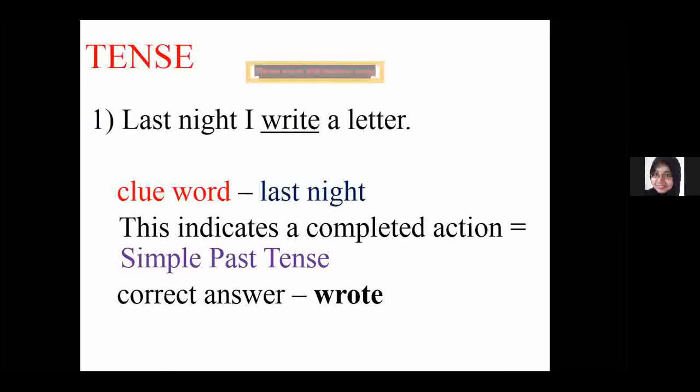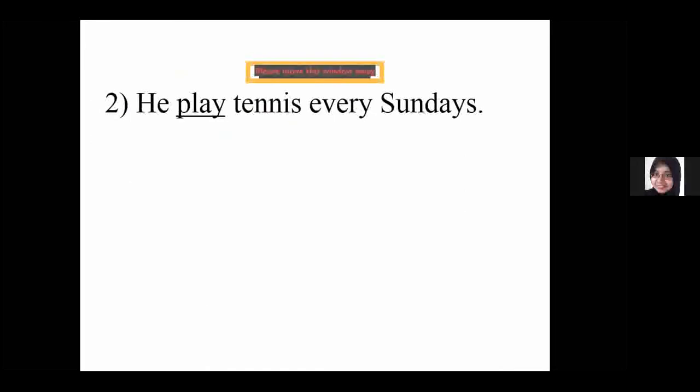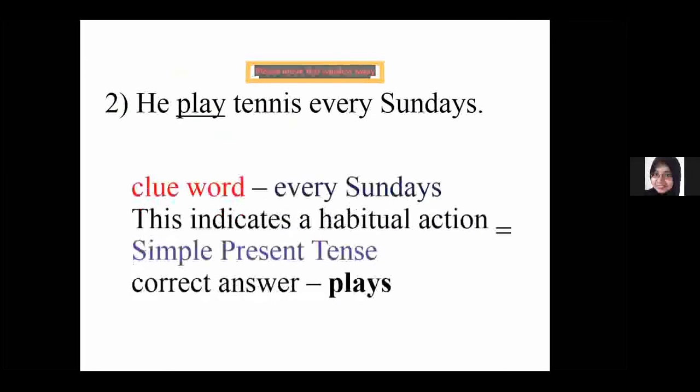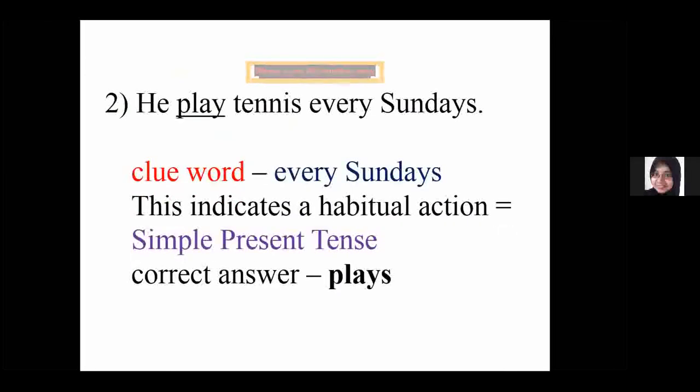Now let's go to the next one. He play tennis every Sundays. The words "every Sundays" give you an idea that the action is repeated again and again. That is the clue word, and it indicates a habitual action.